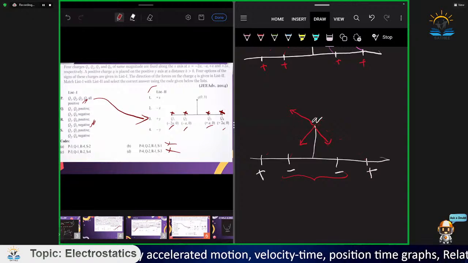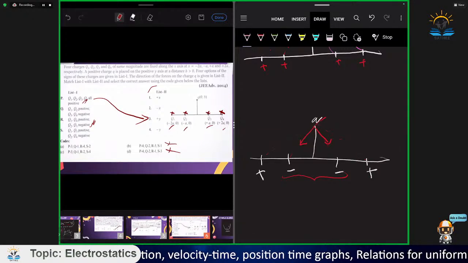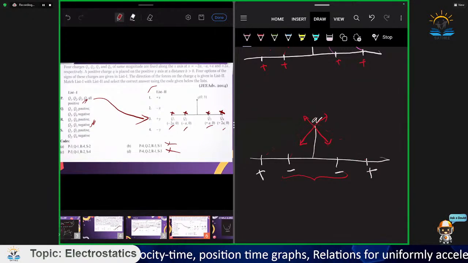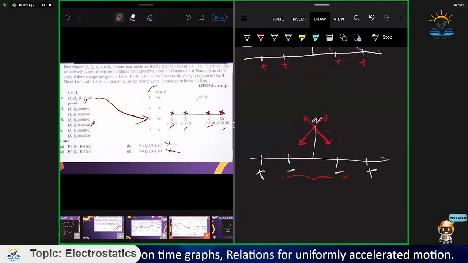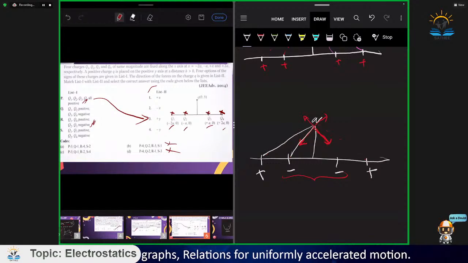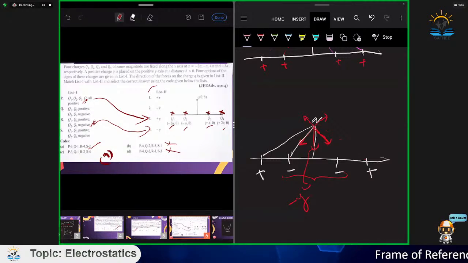So the repulsion force is lesser compared with the attraction force by the negative charges, because the distance is less compared to the positive charges. The net force will be along minus y-axis. So R corresponds to 4. So P3, R4, option A is the correct answer. Easy.